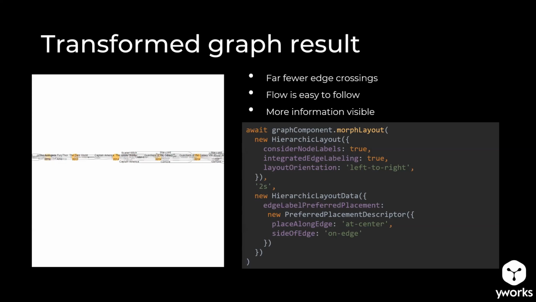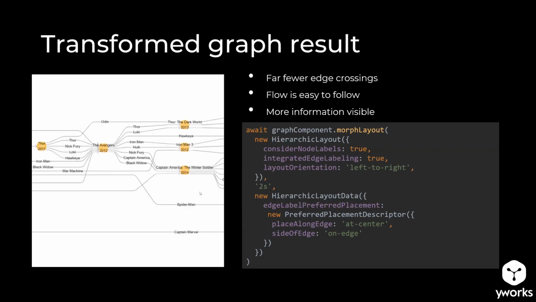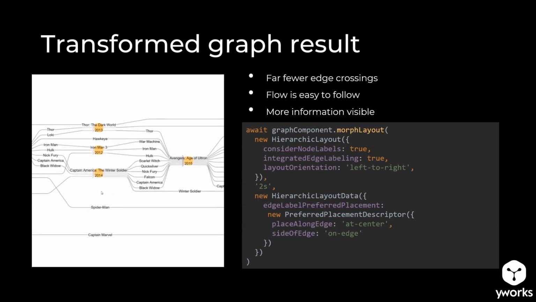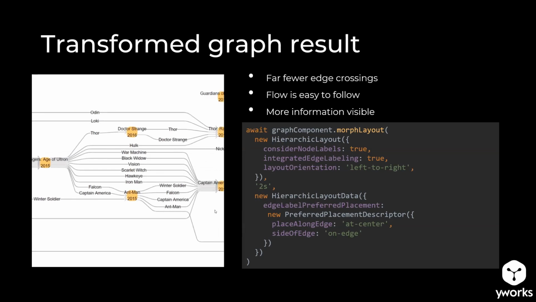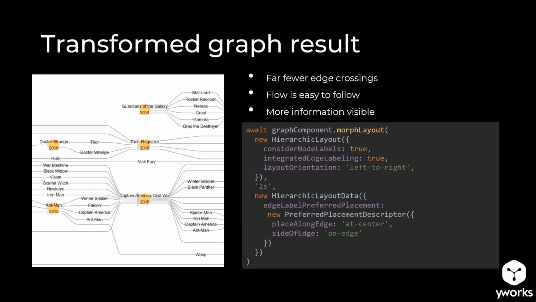Before we set the layout, we get the new structure, but once we run the layout, we get a much different visualization that has a number of benefits. It has far fewer edge crossings, and even though the number of crossings has been reduced, when there is a crossing, it even has a meaning and it adds value to the diagram.